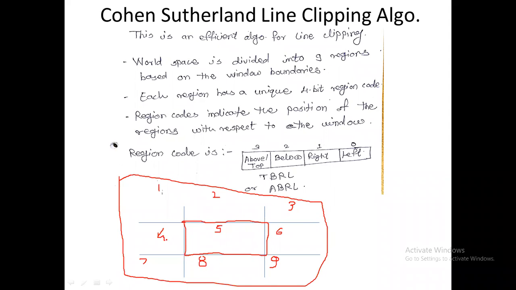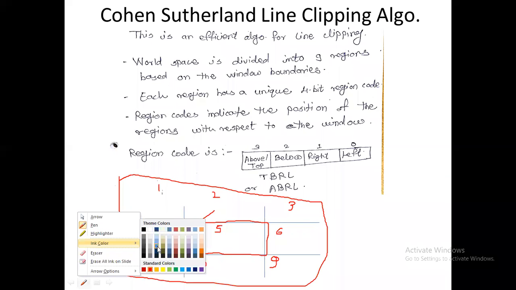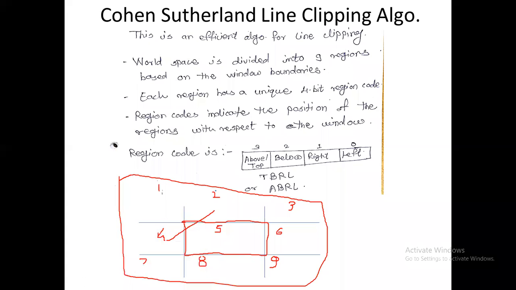For example, if I draw this particular line, only the part which is inside this rectangular window, I can show you with a different color, this part only, will be displayed, and this part will be discarded when you run this line clipping algorithm. So only this much part should be displayed.